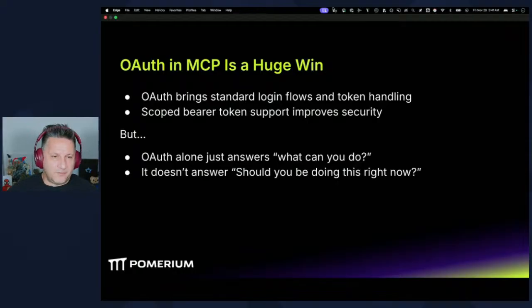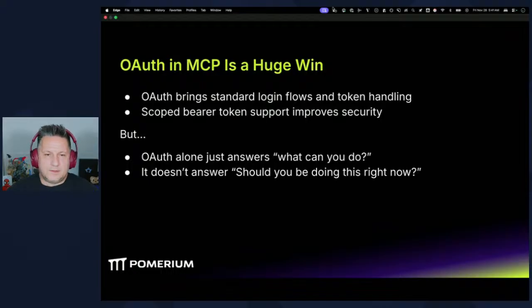And obviously, it's good to have a login flow, because before, you would add an API token to a header and stuff, which might work if it's just literally you, but it wasn't really great. So adding OAuth to the spec was a welcome addition.